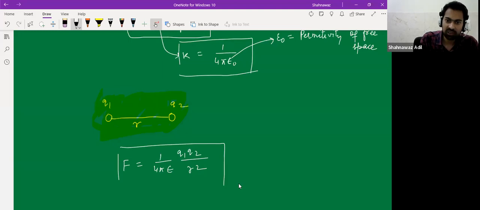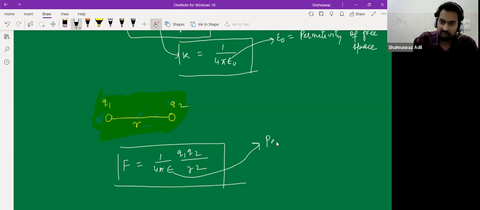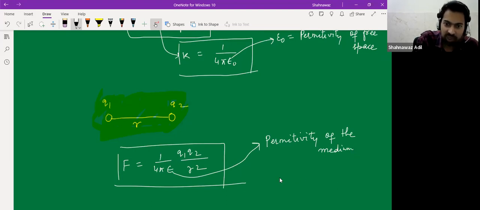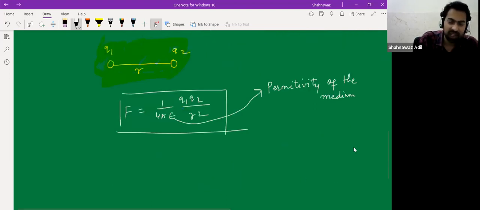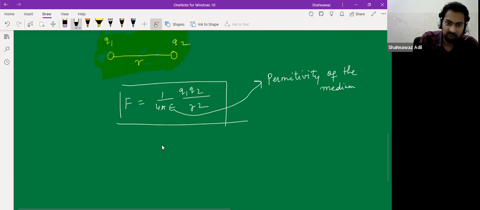Where this epsilon signifies the permittivity of the medium. And this permittivity of the medium can be written as 4 pi epsilon R epsilon naught Q1 Q2 by R square.